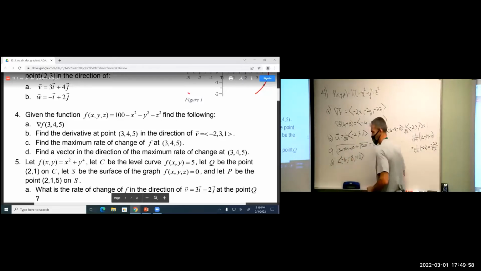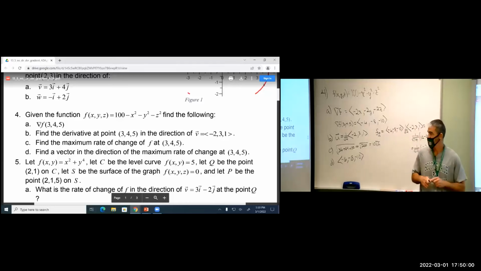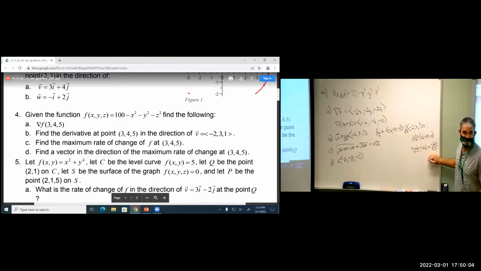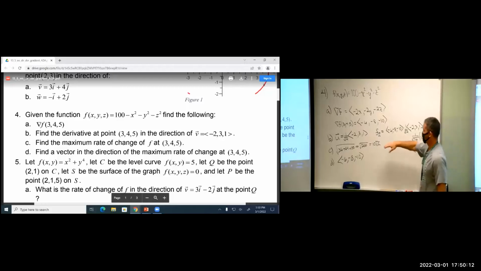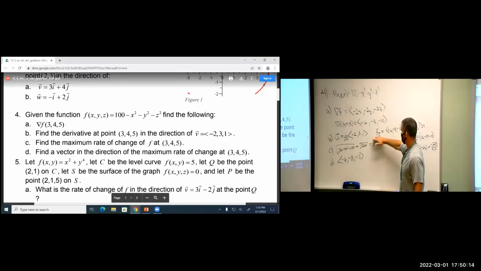Well, f sub u was this directional derivative, which came out to be a scalar. That's okay, these are the differences that we have to get down. That f sub u, that's not a vector. What this is saying is it's the function taking the partial derivative of f in the direction of u.